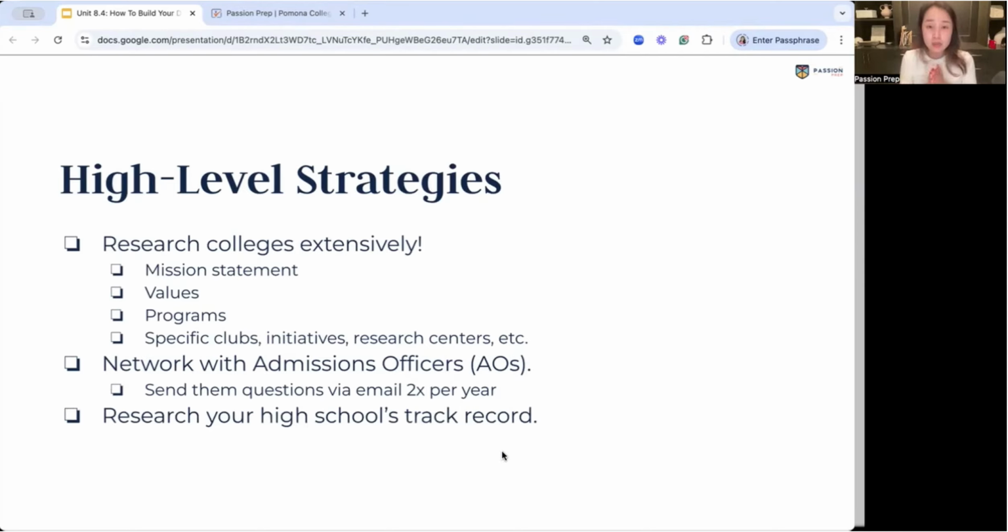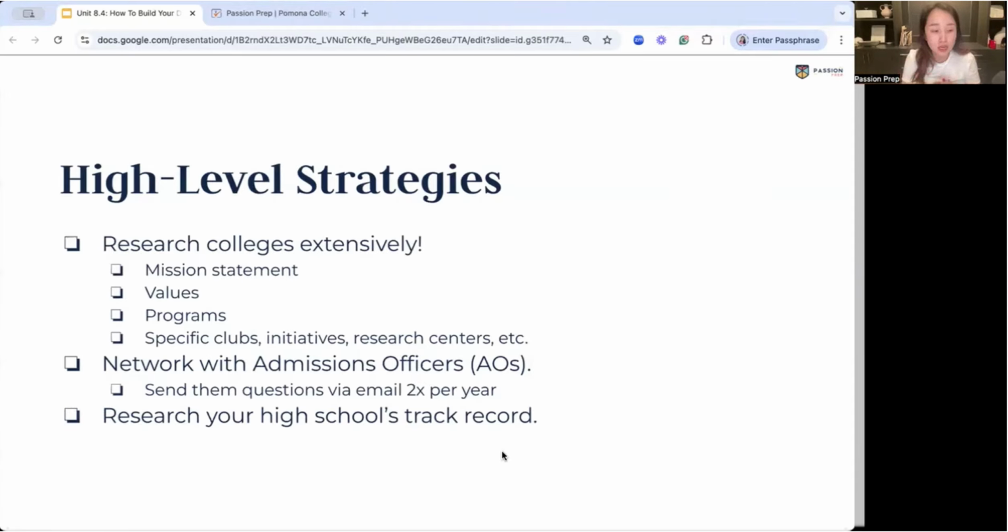And this one is something that is really important: research your high school's track record. So if your high school does not have a track record of sending a student to Stanford in the past 10 years, you're probably not going to get in. So the relationship that the college has with the high school is really important too.